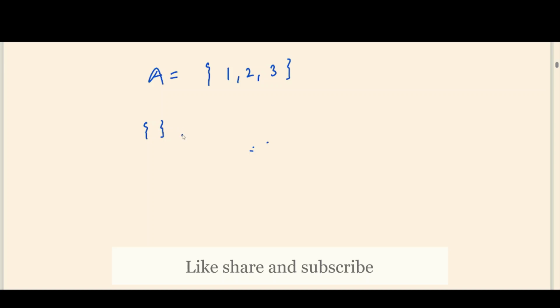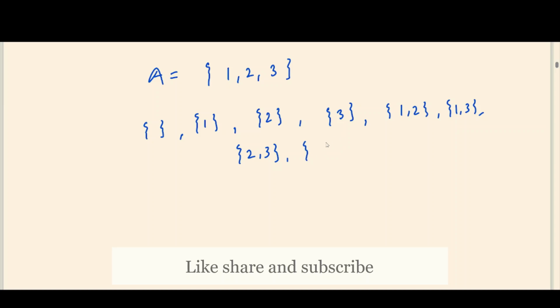Phi. Then we can have {1} only, then {2} only, then {3} only. Then we can take two elements like {1, 2}, then {1, 3}, then {2, 3}.